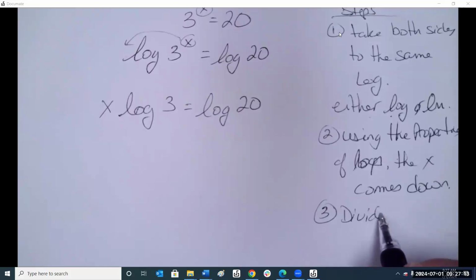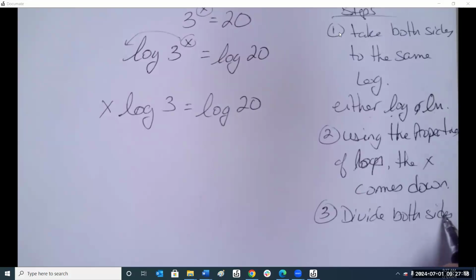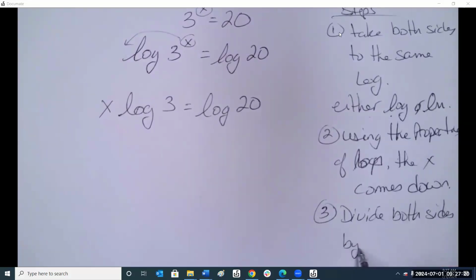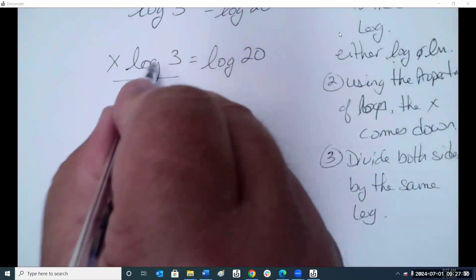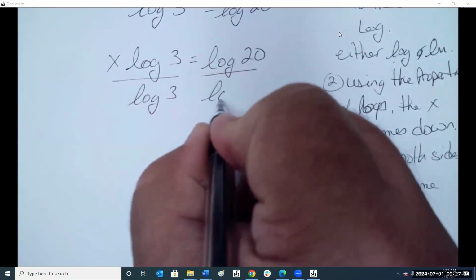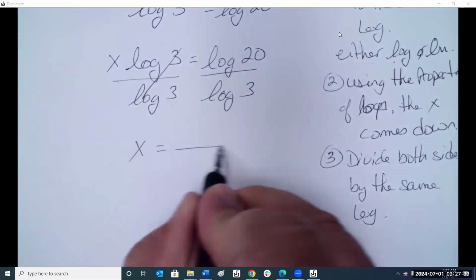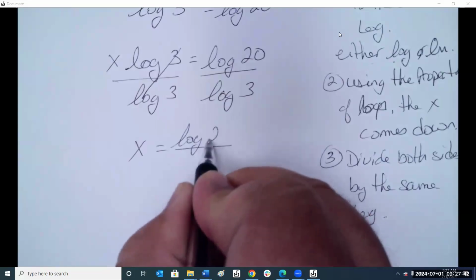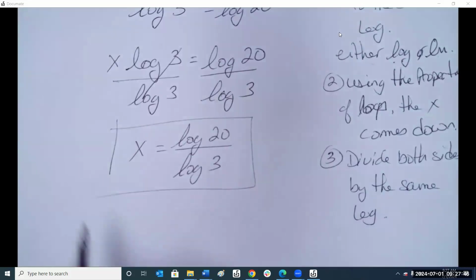And then divide both sides by the same log. So in this case, we get rid of log 3. We divide both sides by log of 3. And there's your answer.